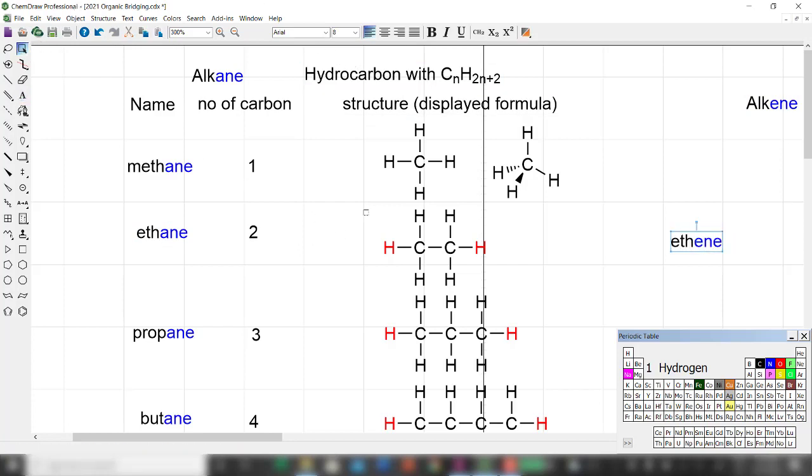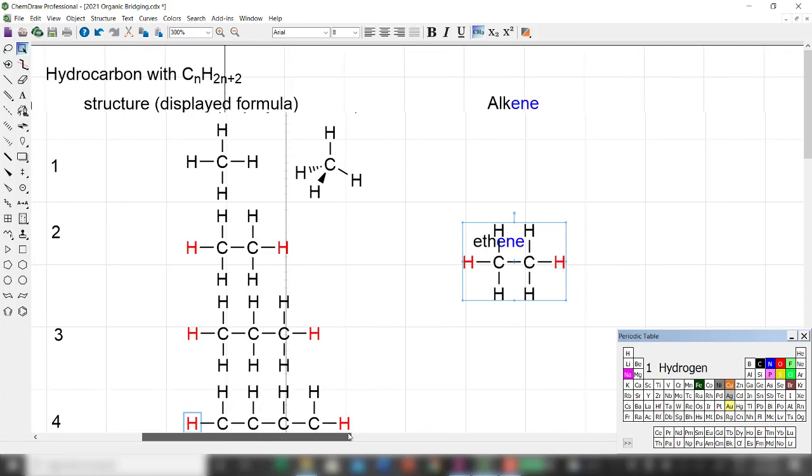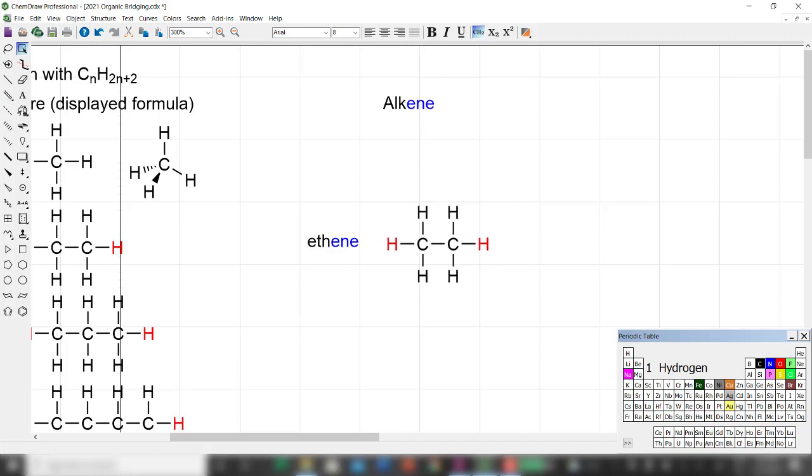When we draw out the structure, in secondary school you will simply put a double bond in between the two carbons, and then you'll remove those at the end. So you'll see something like this.